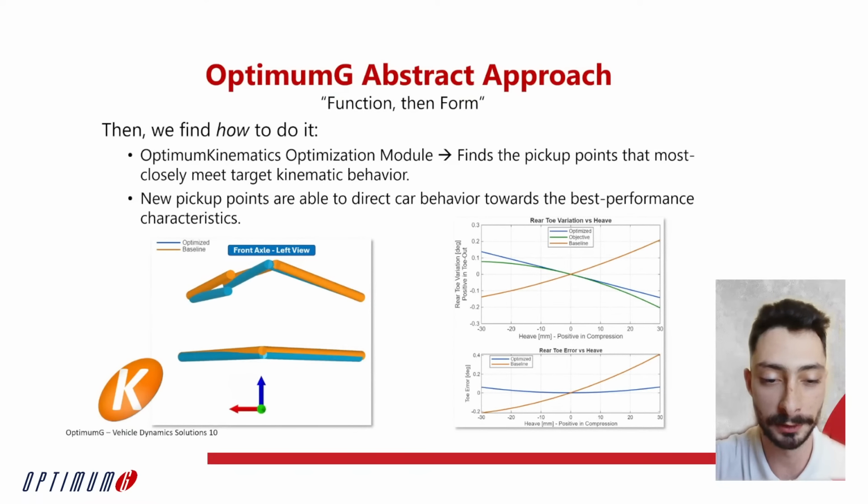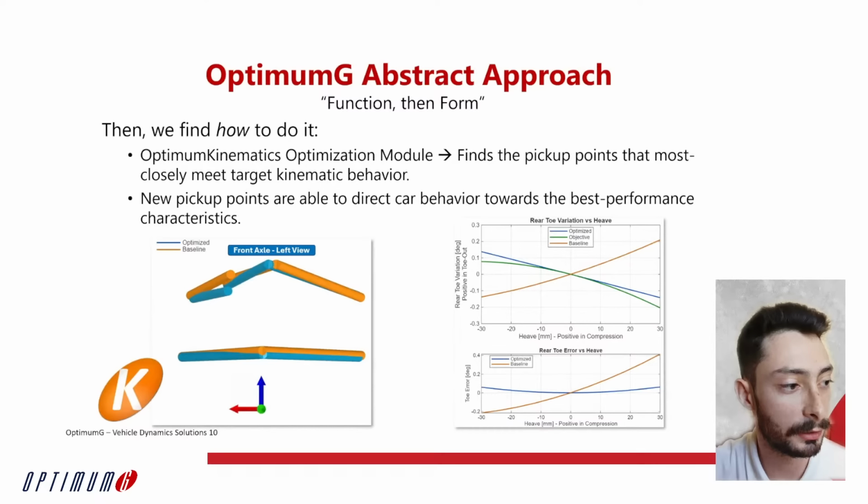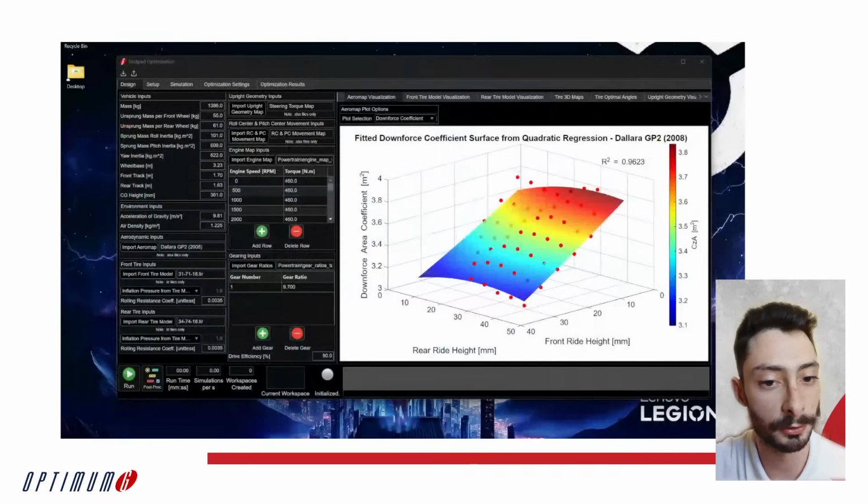An example result that we're going to see later is that the suspension pickup points are being modified here by the algorithm, as you can see on the left, with the purpose of getting the kinematics behavior of our car closer to the objective that we got from the skid pad optimization procedure. All right, so now I'm going to go back into the software interface so we can talk about it in a little bit more detail.